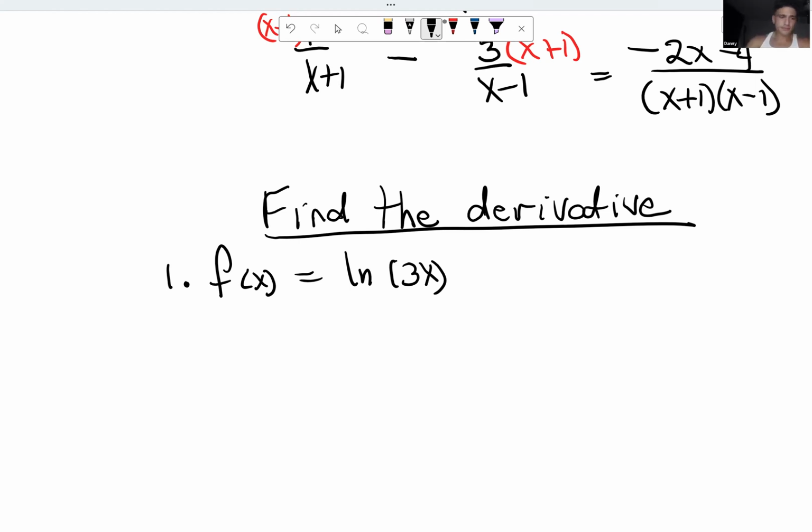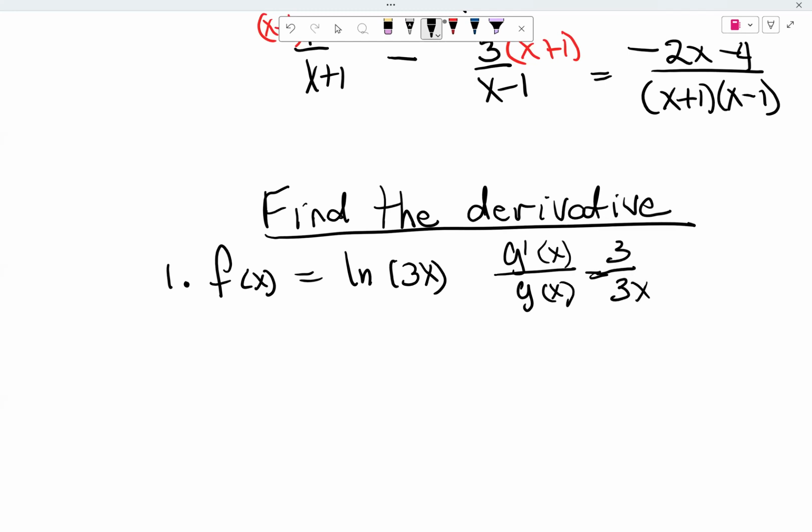It's 1 over x, yes. Because if you remember, this is basically going to become the first derivative of the 3x over 3x. If you do the math, this becomes 3 over 3x, and this will reduce and become 1 over x.